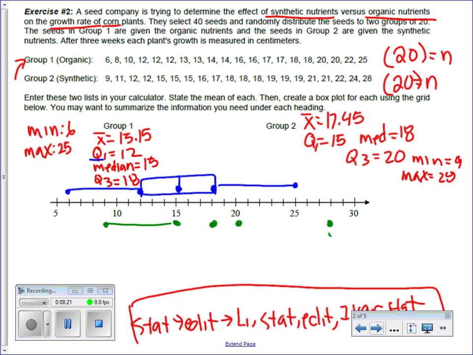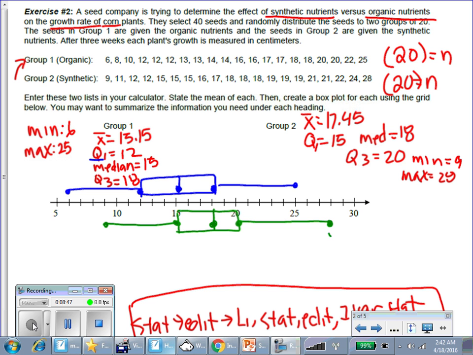Okay, and now I connect the whiskers, and then I connect all 3 of these things for the box. Got it. Okay. So let's see. That's all we were asked to do right now, is just to state the mean of each and create a box and whisker plot.